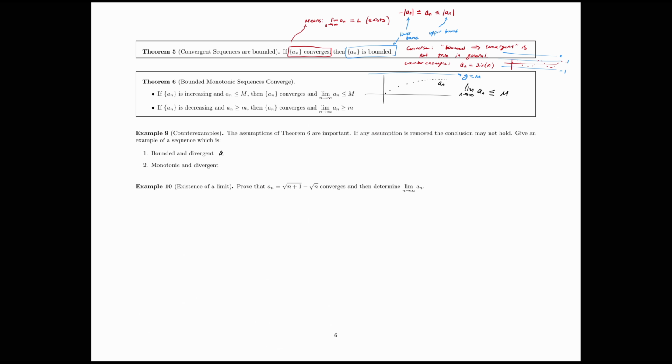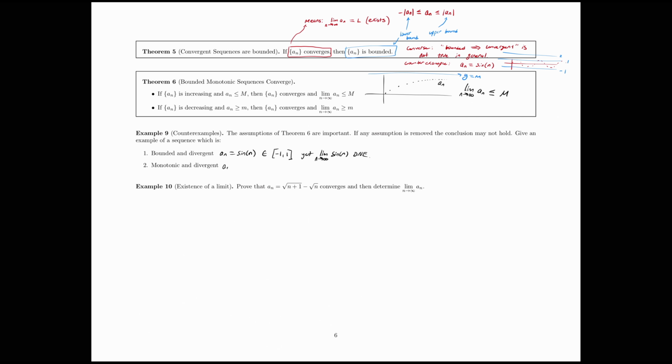So, oops, let's go back here. So I'm going to just go ahead and say that this sequence here is always between -1 and 1, yet the limit as n goes to infinity of sine of n over n does not exist. So now let's find a sequence that is monotonic, so either always increasing or always decreasing, that diverges.